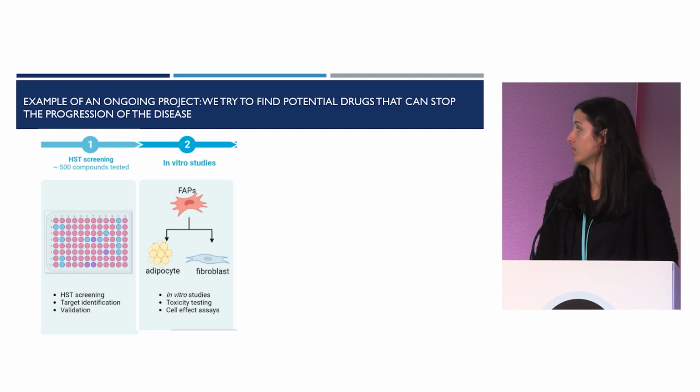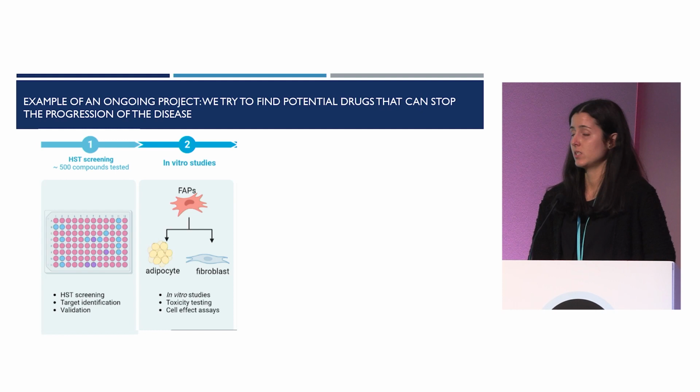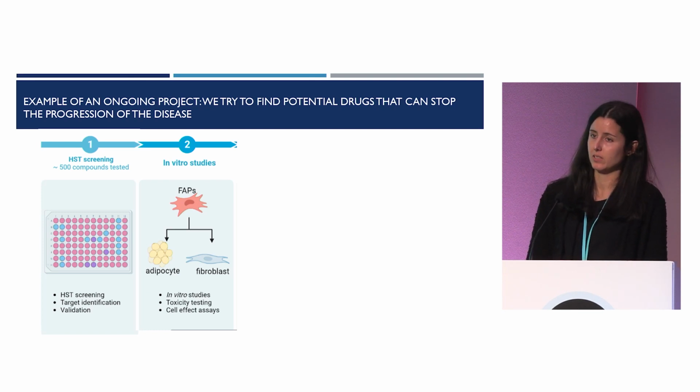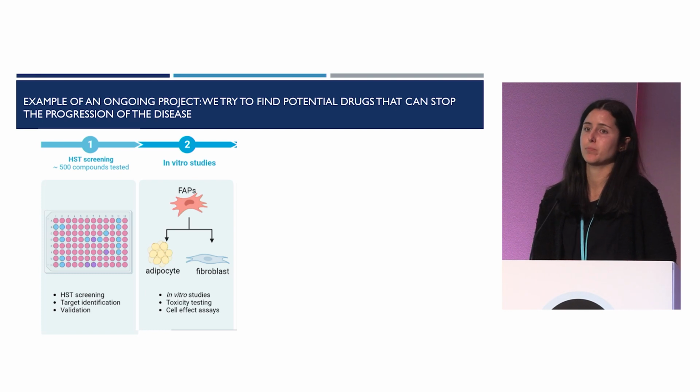We did toxicity studies in cells just to see how the cells react to the treatment. We also analyzed the cell effect of the treatment, and we also optimized which dose we should use to see a positive effect in the cell without affecting the viability.